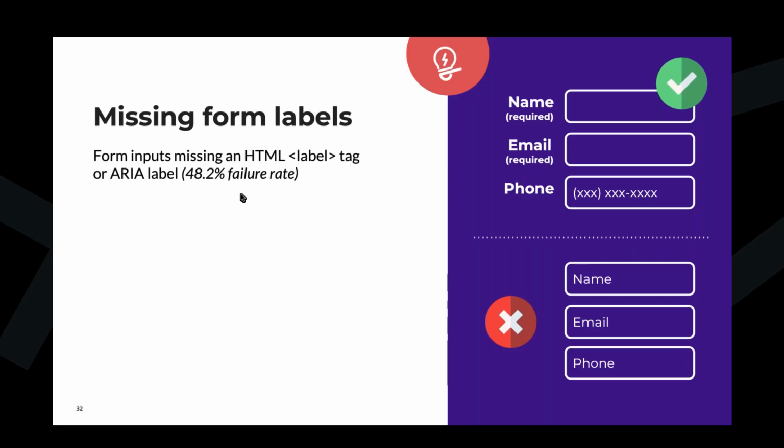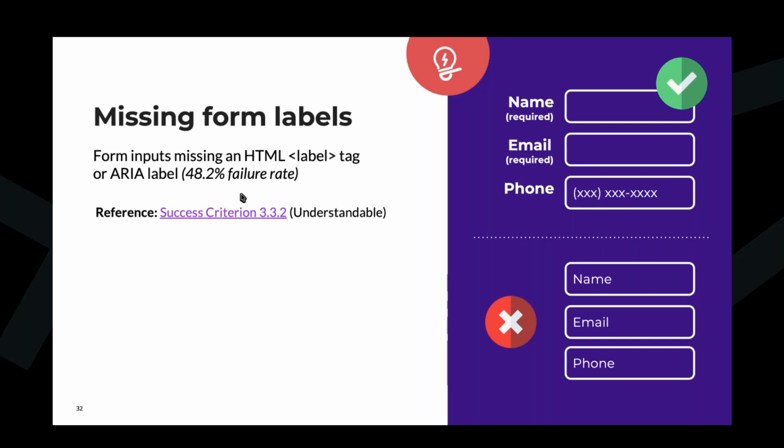So basically what this takes the shape of is a form input missing a label tag or an ARIA label. And an ARIA label is something that we place in the code. It is something that a screen reader user will hear, but a sighted user will not see. So these are like the little invisible labels that live behind a website or an app that help out blind users.